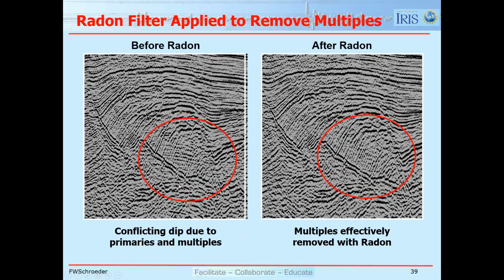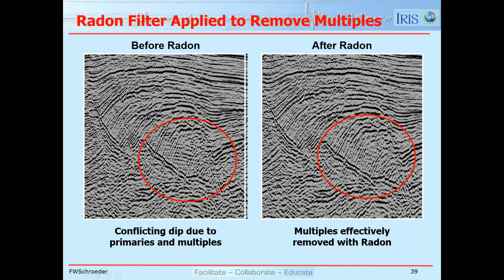Here is a set of pictures again. On the left is some seismic 2D profile before the multiples have been removed. The multiples are going to be removed using a radon filter, and this is after.